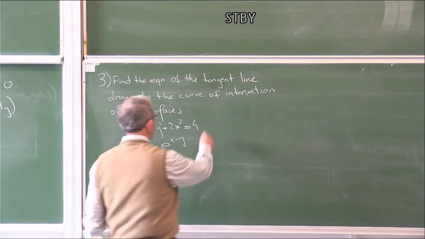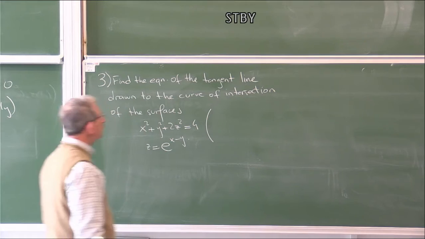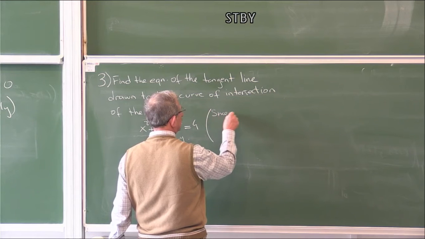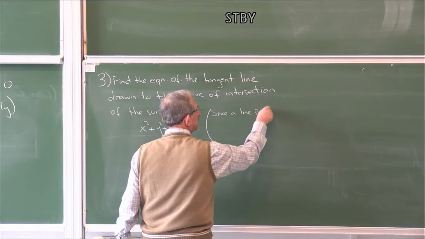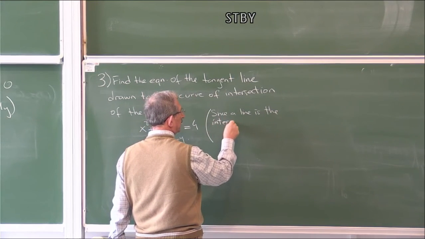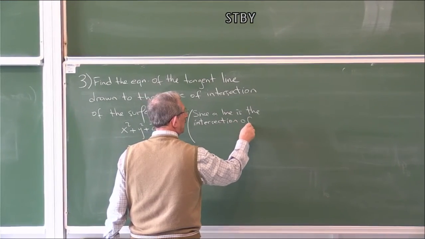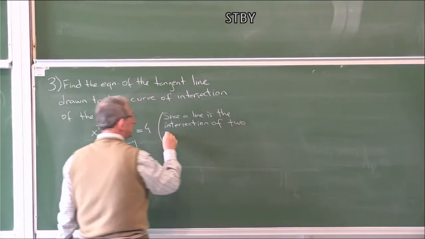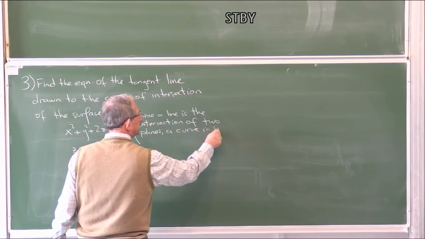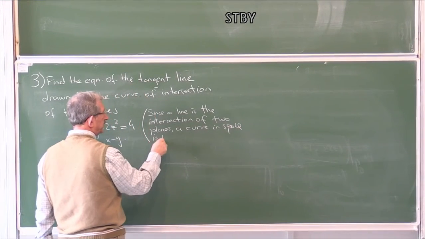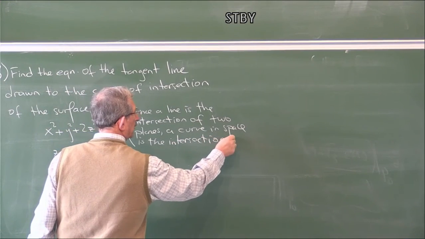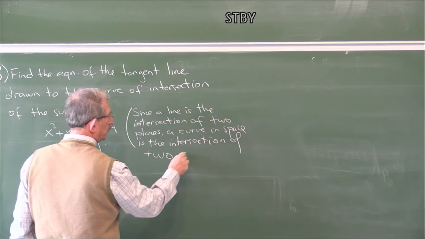Okay. Now, a remark here. Since a line is the intersection of two planes, a curve in space is the intersection of two surfaces.